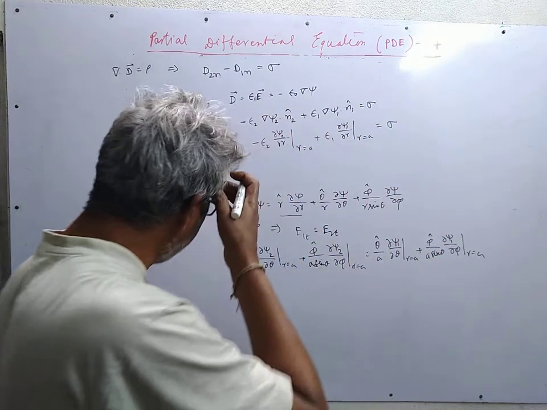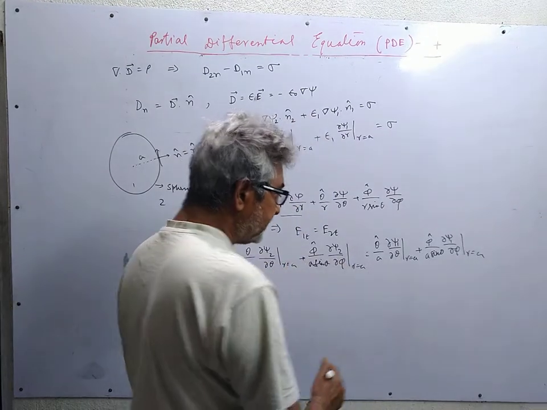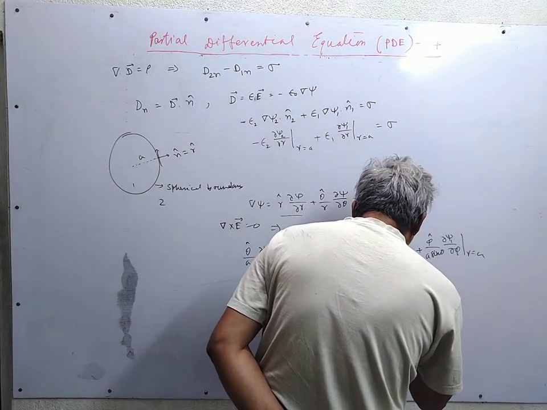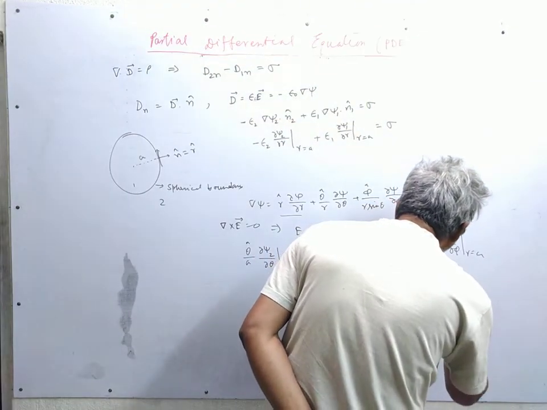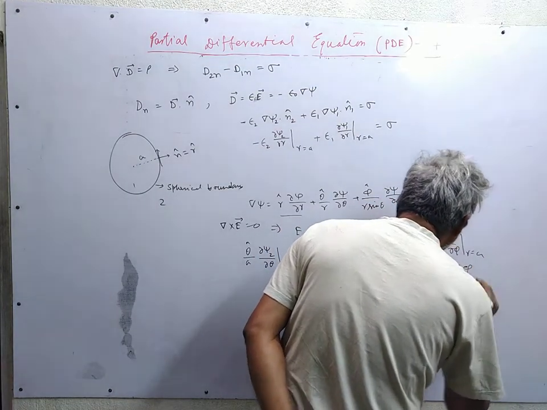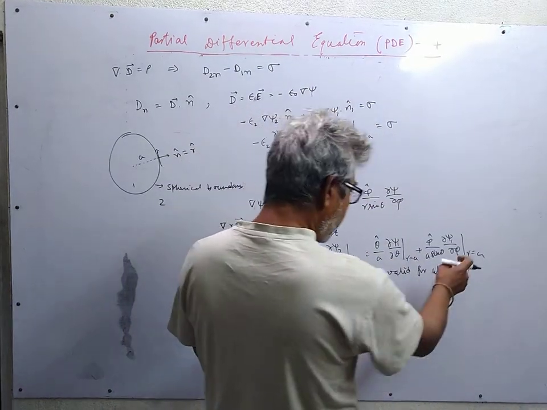They are equal. That means this part is equal to this, because this relation is valid for all theta and phi. That is, this part is equal to this part and this part equal to this.